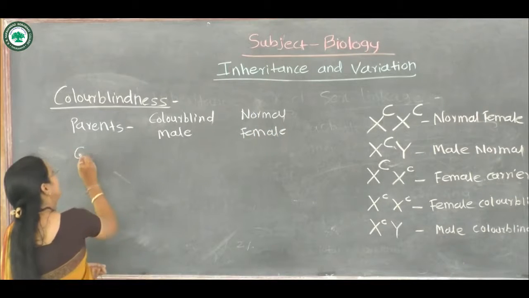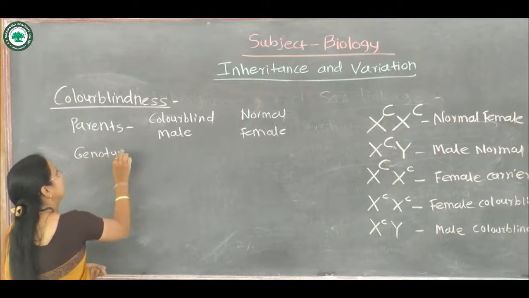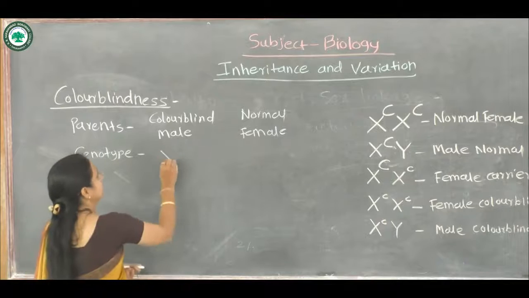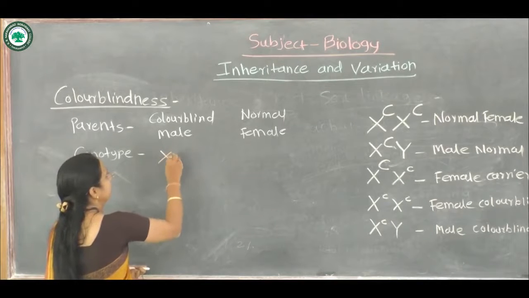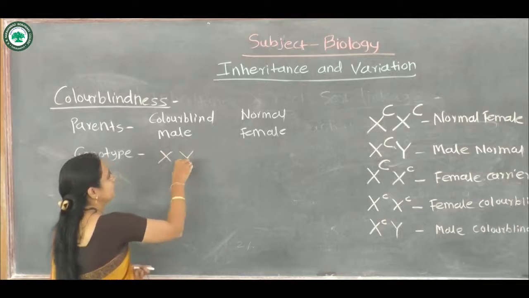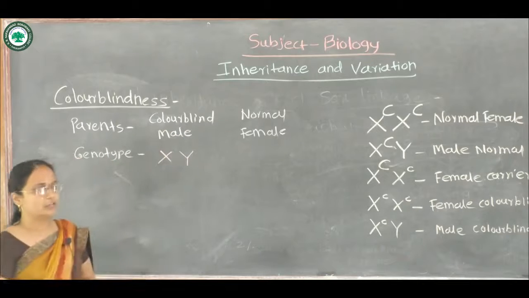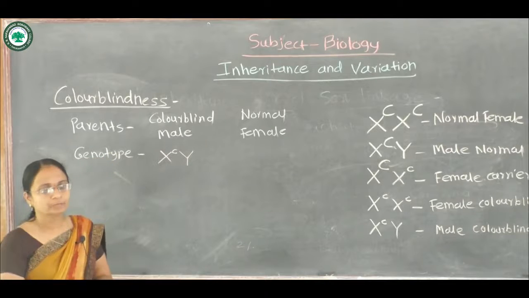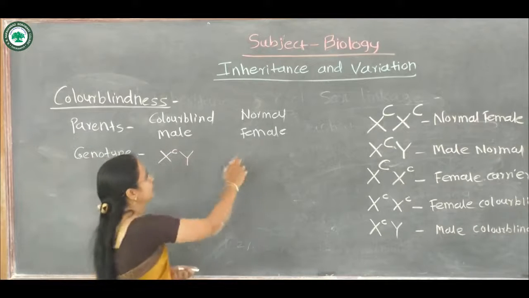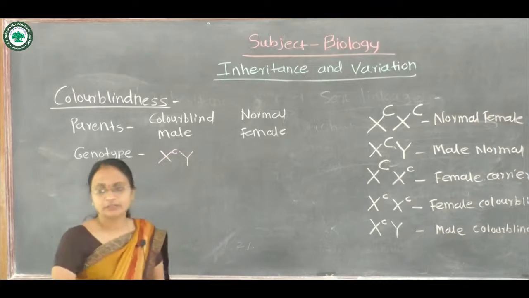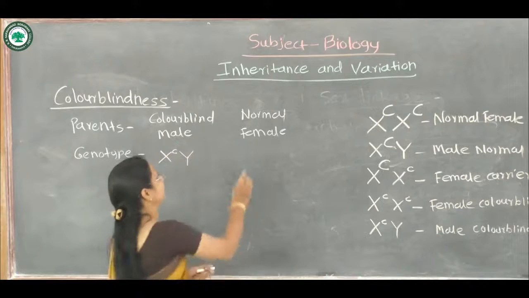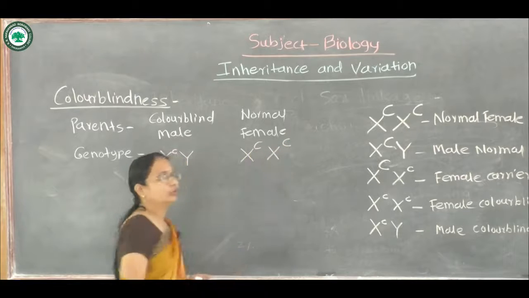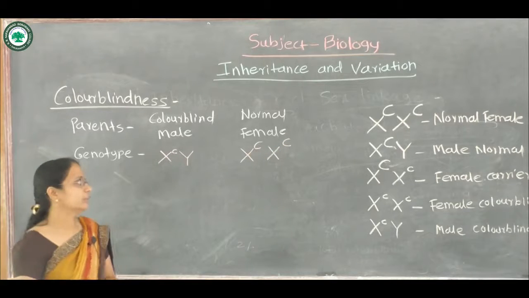Now the genotype of this colorblind male is, as we know, X and Y is the genotype of the male, but since he is colorblind, the recessive gene is present here. And this female is normal, therefore both the C genes are capital, or both genes are dominant.